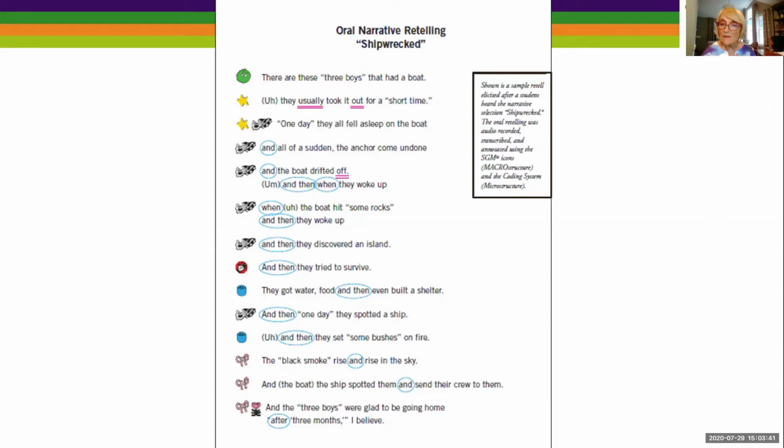Merritt and Lyle's narrative assessment shipwrecked story. And this was a boy who was in 8th grade at the time. And when we looked at his narrative and assessed it that time, he has kickoffs and reactions.